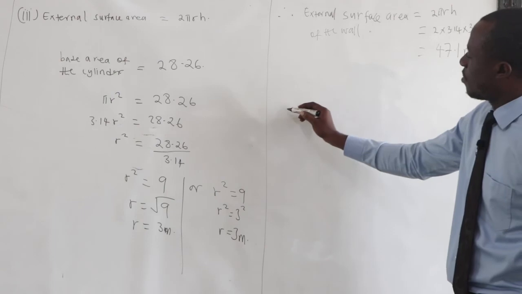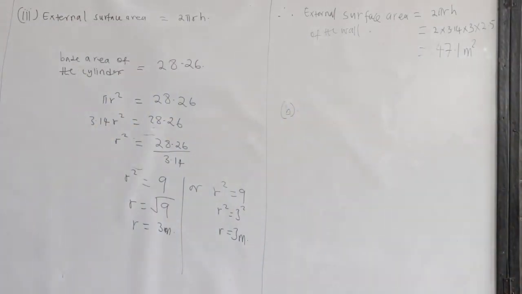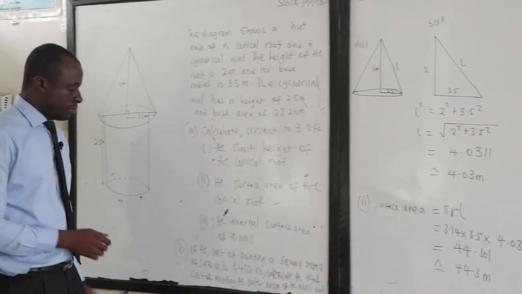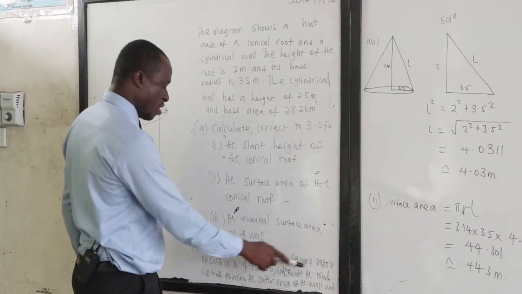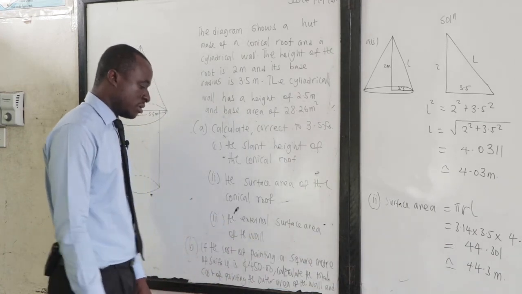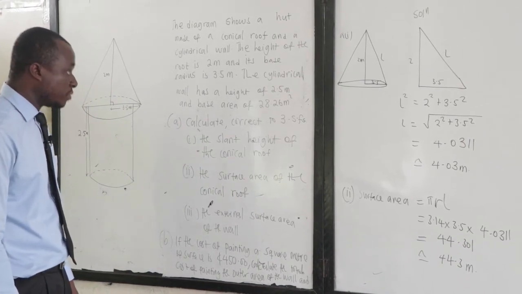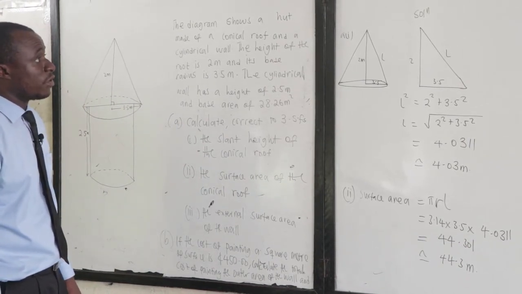Now let's see the B part. The B part is saying that if the cost of painting a square meter of surface is 450 cedis, we should calculate the total cost of painting the outer area of the wall and the roof of the hut.